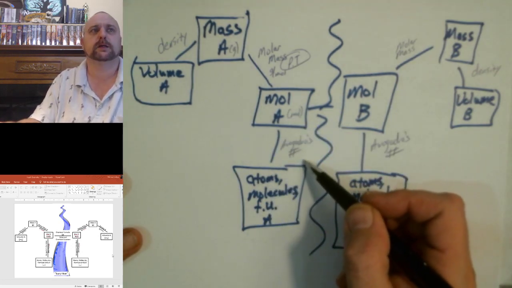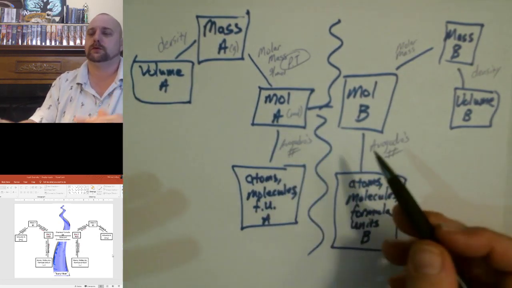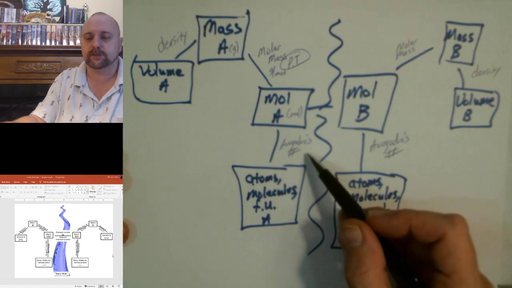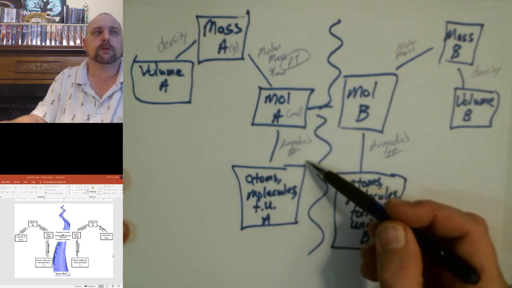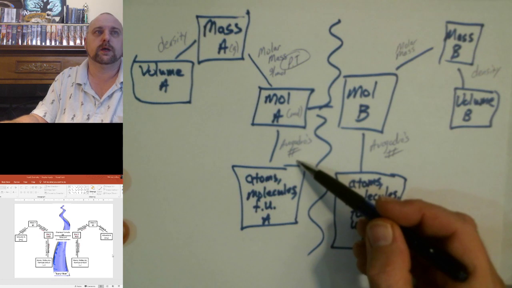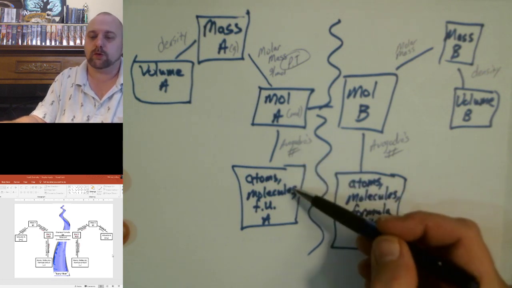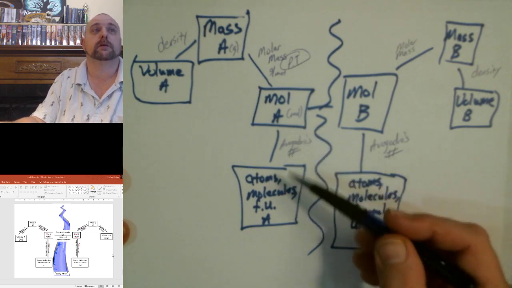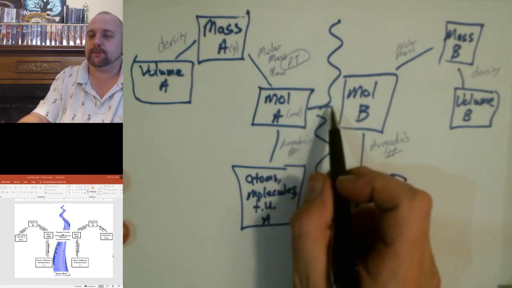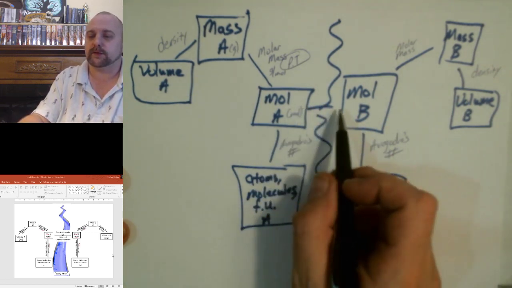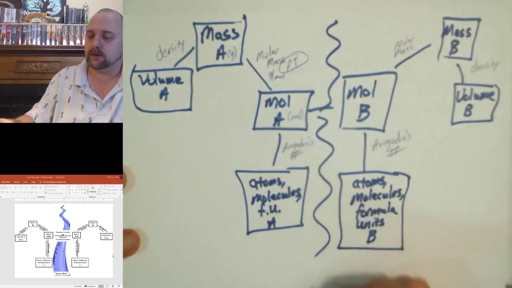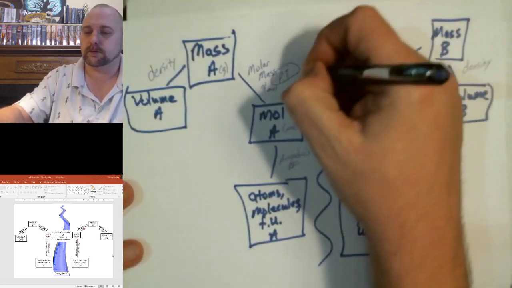We make such a big deal out of it. We make you guys memorize it. We talk about it so much. It's so intimidating. Then you try to use it in every problem, but you really only use it when you're going from moles to molecules or atoms, or from atoms or molecules up to moles. Now, the only one I left off here was our most important one. That's our bridge here. I'm going to add that one in here.